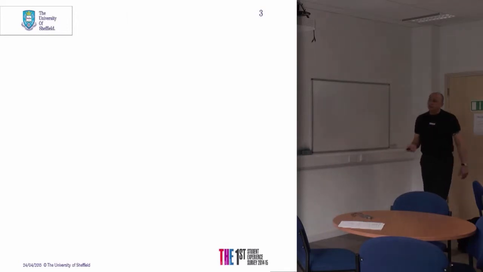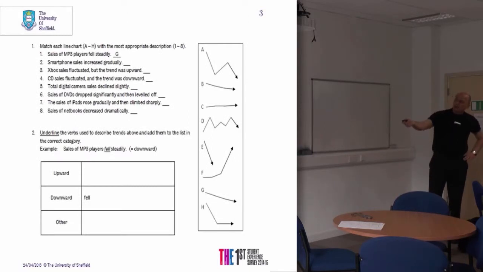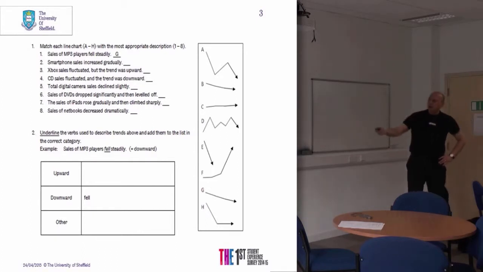Now, on this paper, I want you to focus on the top part only. Just the top part, and you'll see there are 8 sentences here on the top of this paper. Each of these is describing one of these. So you can see, for example, sales of MP3 players fell steadily, and it's saying that's G. Now look at the other ones.